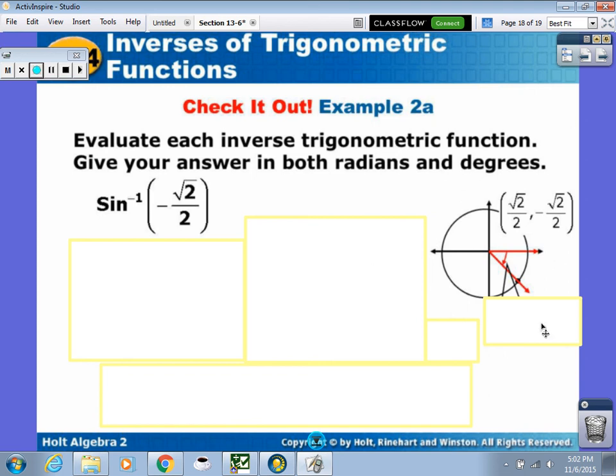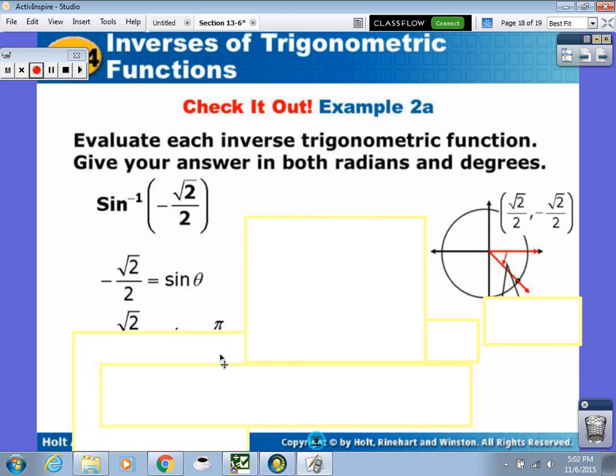Okay, looking at our unit circle here and figuring out some details, we know that the inverse sine of theta as a function has a restricted domain, and we're looking for this between negative pi over 2 and positive pi over 2.